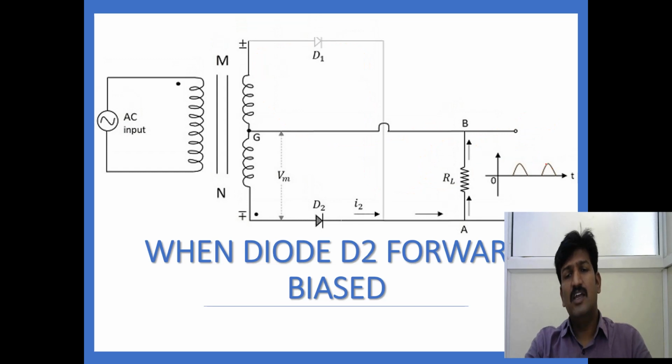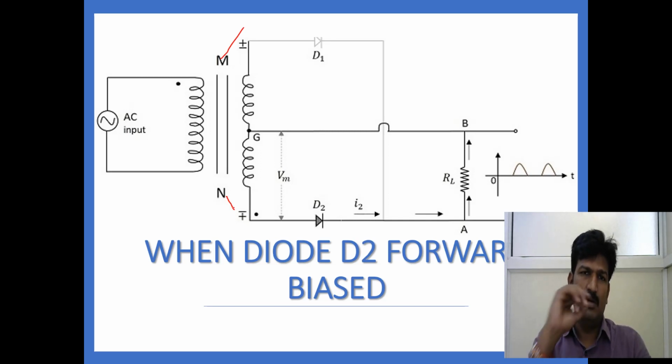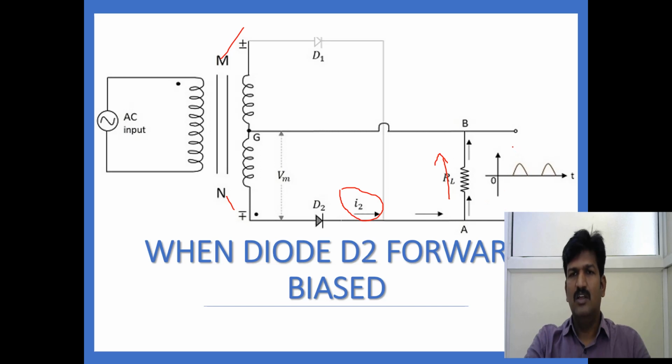Next, when diode D2 is forward biased: this happens when the input waveform is in the negative half cycle, then M becomes negative with respect to N. The N point becomes more positive compared to M. So when diode D2 becomes forward biased, it provides a closed loop like this, which passes the current I2 through RL, so some voltage is dropped across it. This waveform represents the output corresponding to the negative half cycle of the center tap full wave rectifier.